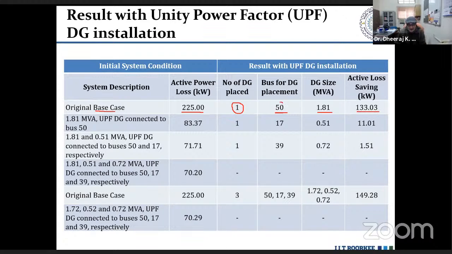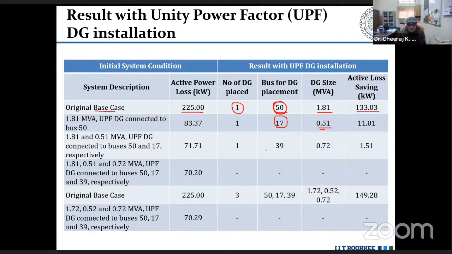So bus number 50 is our first identified bus. We connected this DG in the system. Again we executed our algorithm. Second, we identified that bus number 17 is the next most suitable bus for DG placement with this size. So we connected this DG also in the system.